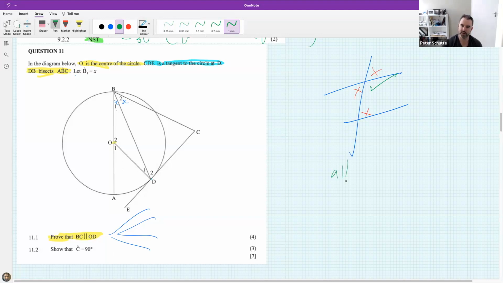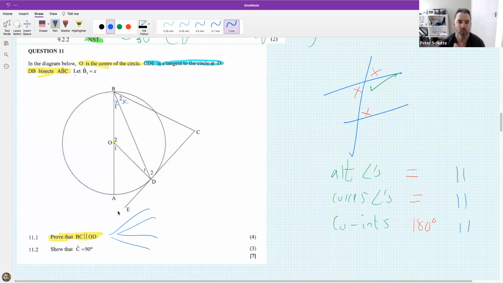So we have three choices: alternate angles, corresponding angles, or co-interior angles. In this case, if those are equal, then I've proved the lines are parallel. And if these ones add to 180, then I've proved that the lines are parallel. So whenever you see prove things are parallel, you're going to have that choice.